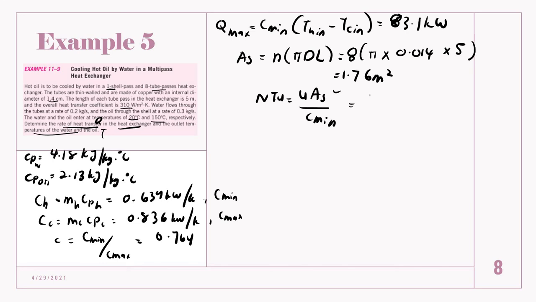So U is 310, times 1.762 over Cmin. So Cmin must be converted into watt. So 639. The answer is 0.854.